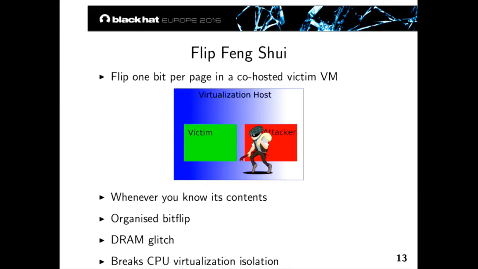So it may be an interesting exercise for you, given that you want to subvert the security of a victim VM: what is the cleverest technique and the easiest technique you can think of? Which page do you know the contents of, and which bit can I change that will help me with subverting the security? Now we have plenty of nice examples of that, but maybe you can think of a better one.